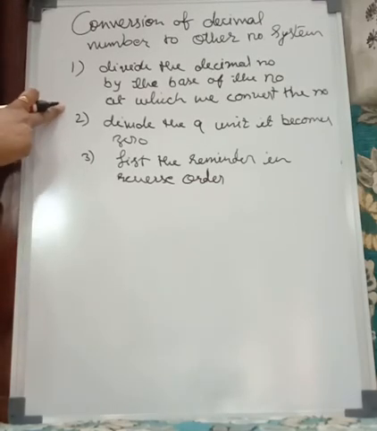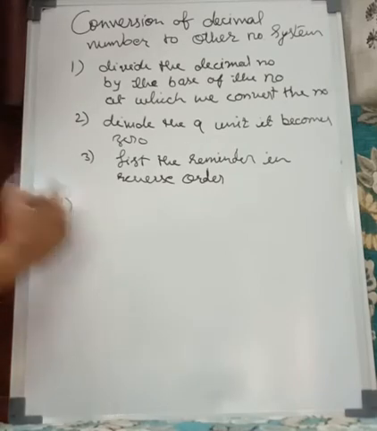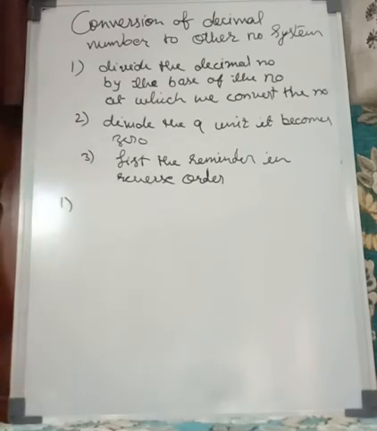Suppose we have a fractional part along with this. First, we need to multiply the fractional part of the decimal number by the base of the number system to which the decimal number is to be converted, and note down the carry generated in this multiplication.